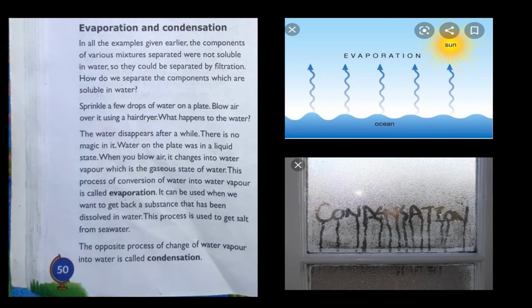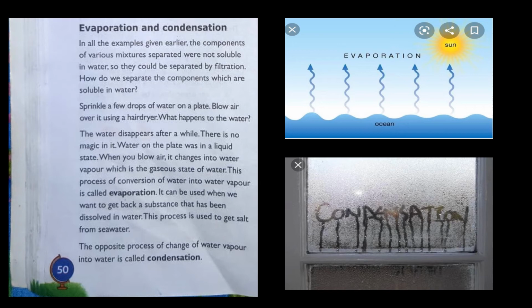Because of the temperature or because of the air, the water particles that are present on the plate, because of the hot air passing over it, the water droplets are just transferred into the gaseous state. That is known as evaporation. So the process of conversion of water into water vapor is called evaporation.